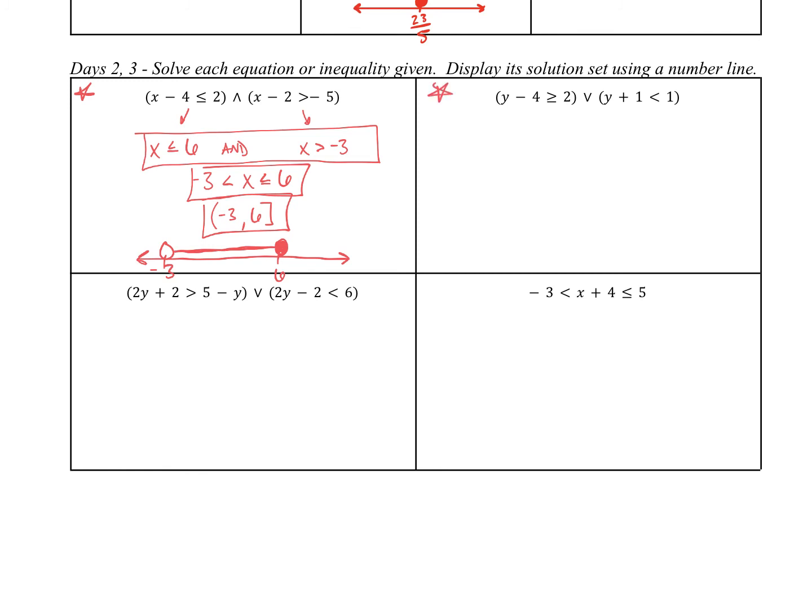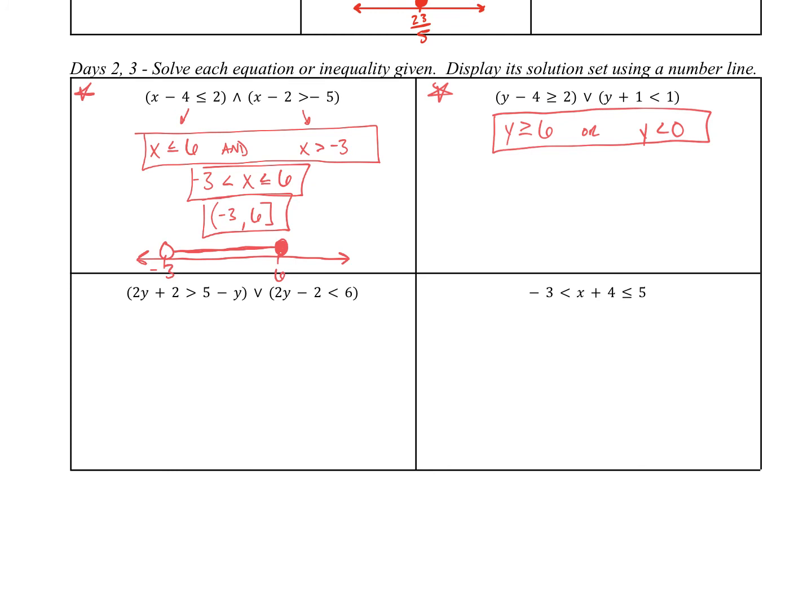Let's go ahead and do the second one. So again, I'll solve these separately. I'll have y is greater than or equal to 6, or y is less than 0, once I subtract 1 from both sides. Okay, so this is an acceptable way to write our answer.